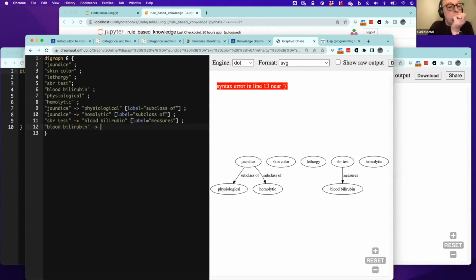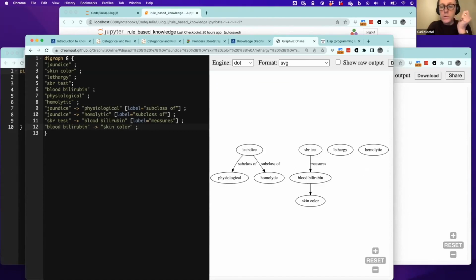Causes skin color. And it also causes the lethargy as a symptom. Okay, so blood bilirubin causes lethargy.